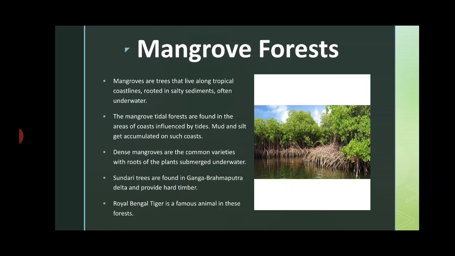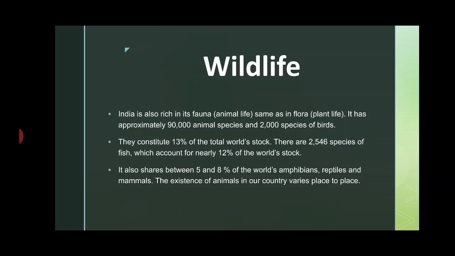Animals found in these regions: the Royal Bengal tiger is the famous animal in these forests. Turtles, crocodiles, gharials and snakes are also found in these forests. Now wildlife. India is also rich in its fauna. It has approximately 90,000 animal species. The country has about 2,000 species of birds.